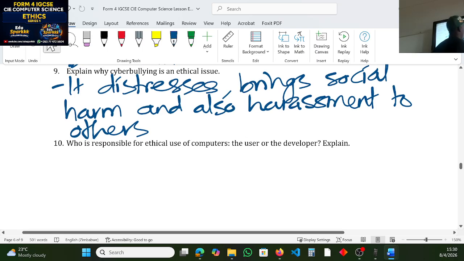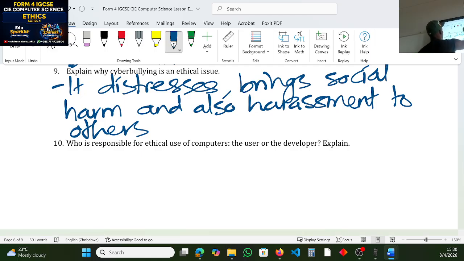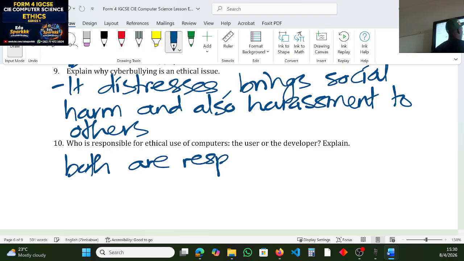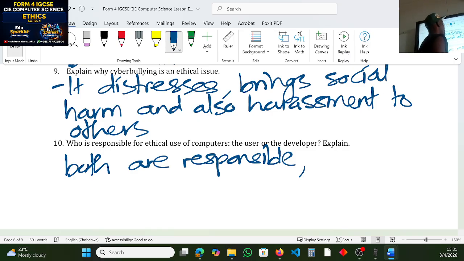Then who is responsible for ethical use of computers? The user or the developer? So here we can say both are responsible. The developer has to specify how the software should be used so that it is fair, and does not give others an advantage over certain issues such as perhaps social backgrounds. So both are responsible.